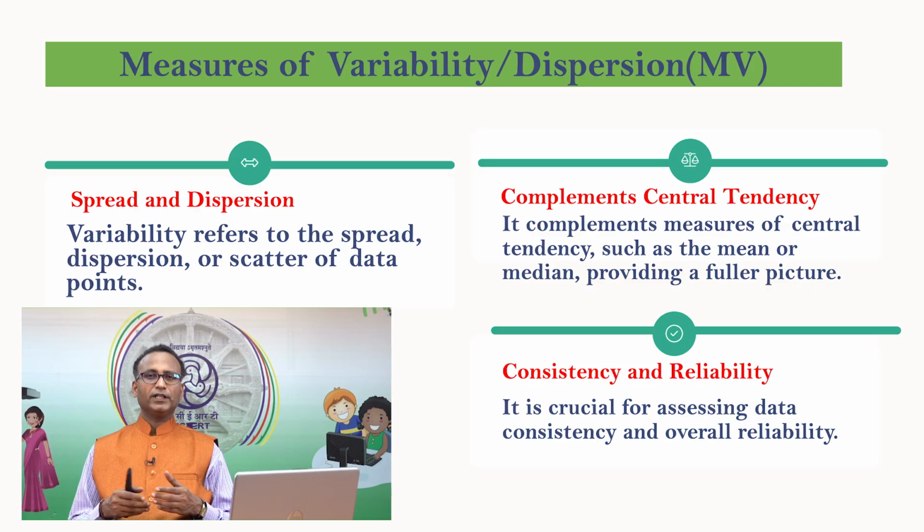But the next descriptive statistic is measures of variability, or measures of dispersion. If you focus on the term variability, variability means spread, and dispersion also means spread. Variability refers to the spread, the dispersion or the scatter of data.